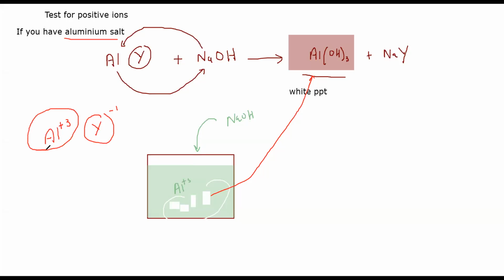If I want to show the presence of aluminum, I can add sodium hydroxide, NaOH. When I add sodium hydroxide, it reacts with the aluminum salt. It will result in a formation of aluminum hydroxide, which is white in color. So I can show that this salt contains aluminum.